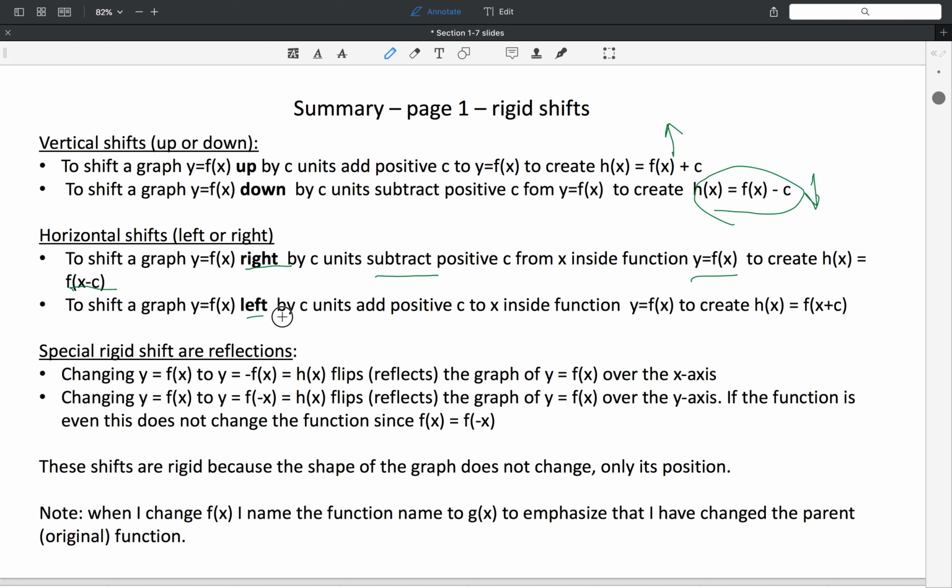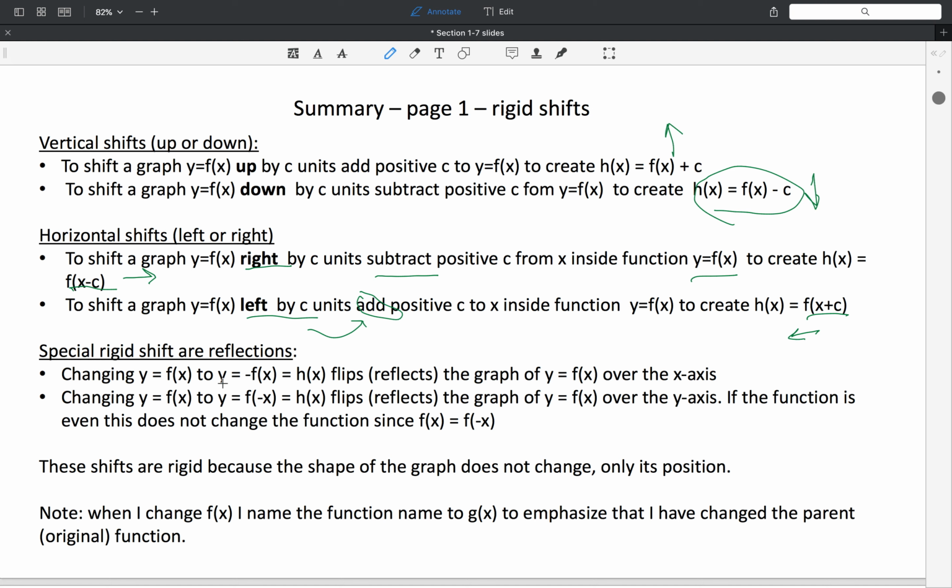To shift left by c, you add, and then you get f of x plus c. So this is going to be the right shift, and this is going to be the left shift.